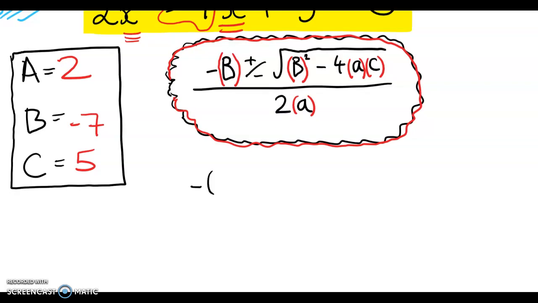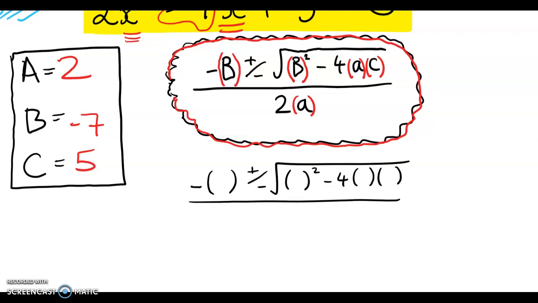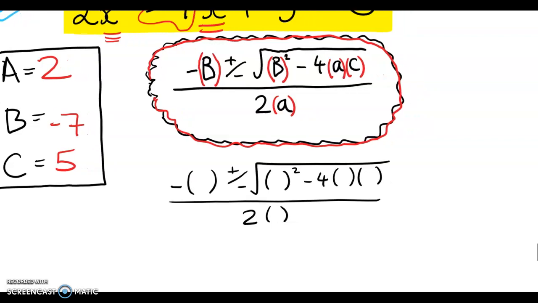So minus, and then an empty bracket, plus or minus, empty bracket, still have the squared there, minus 4, empty bracket, all over 2, empty bracket. Okay, I've done step 3.